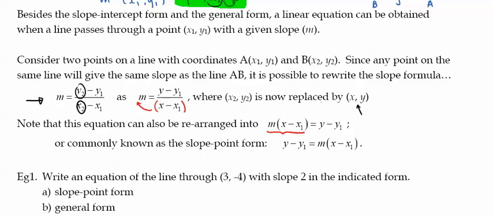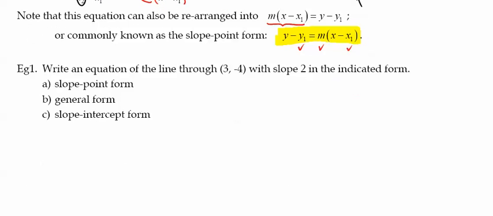Or on your provincial exam, they will have this equation written in this way. So anytime when you are given the slope of a line and one point on the line, so you have the xy coordinate for that particular line, you can then come up with the equation for the line that you want to work with.